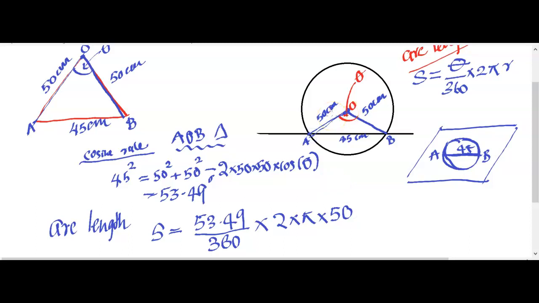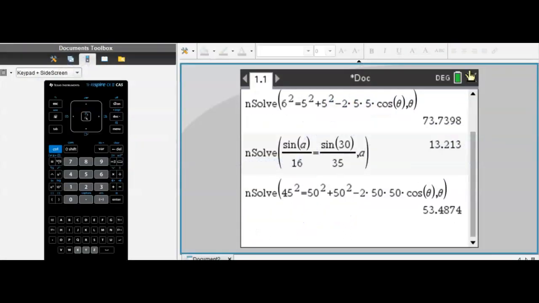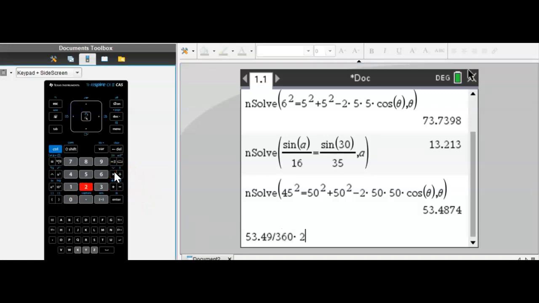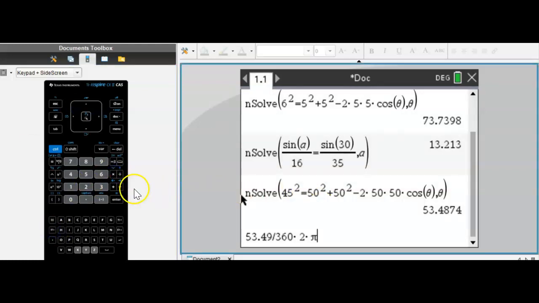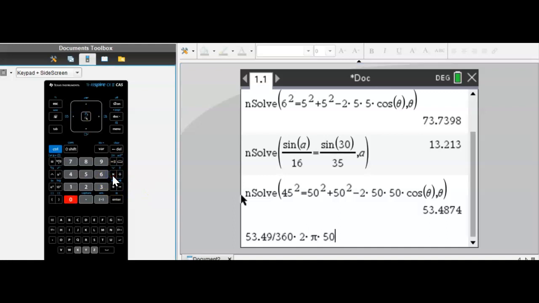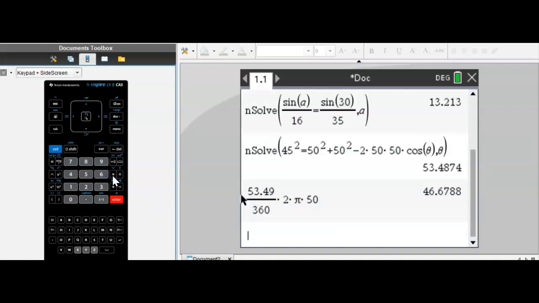Put this in your CAS and find S: 53.49 over 360 times 2 times pi times 50. Press Control Enter. So it is 46.68.